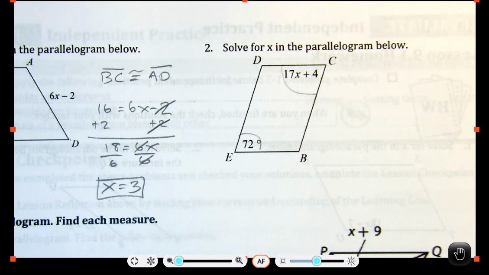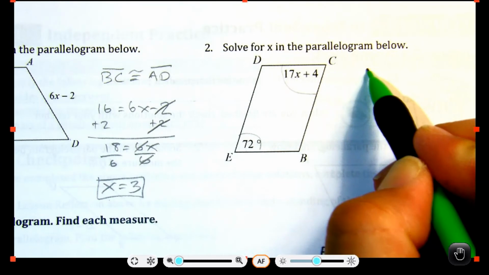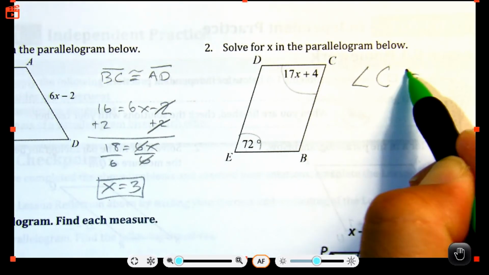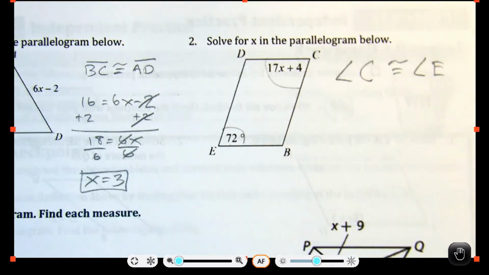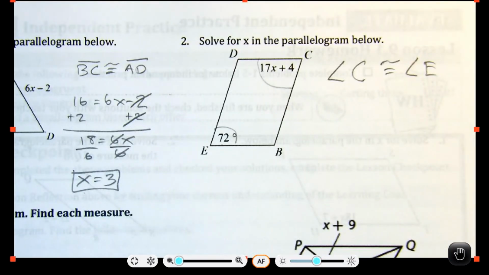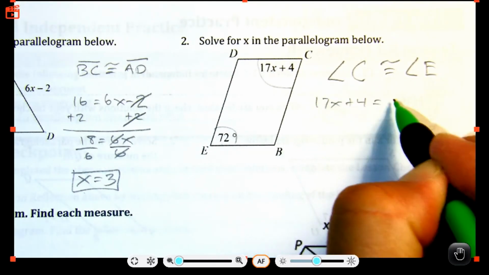Theorem 2 tells us that opposite angles are congruent. So I could say angle C is congruent to angle E. Then if I substitute, I have 17x plus 4 is equal to 72.